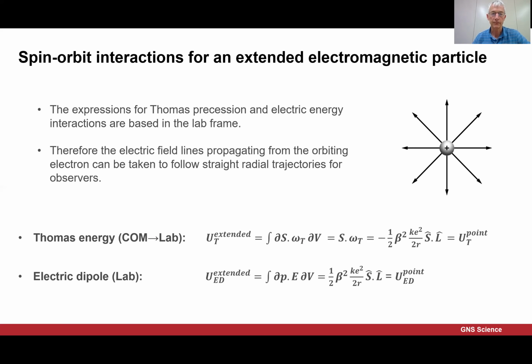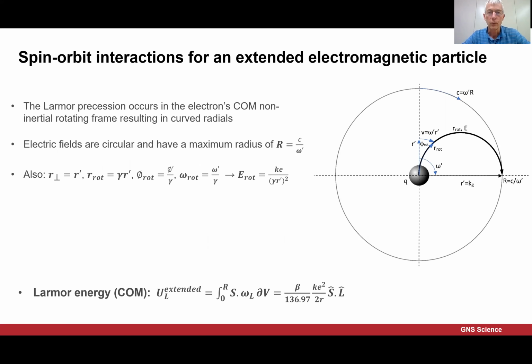What does transform is the Larmor precession, because this is calculated in the electron's center of mass rotating frame of reference. And as we've shown earlier, in the rotating frame of reference, the electric field lines take on curved trajectories. So this is the equation which changes when we consider an extended electromagnetic particle.